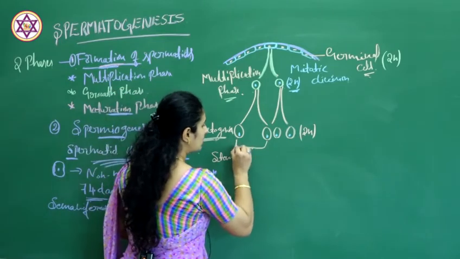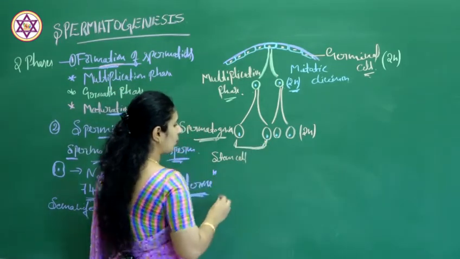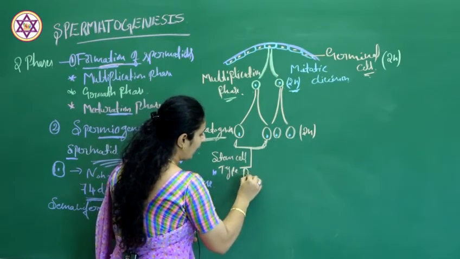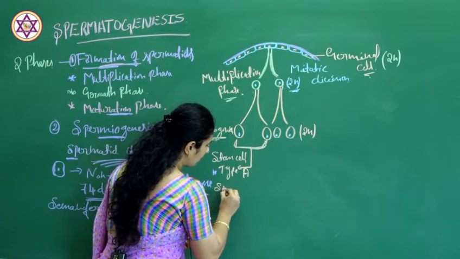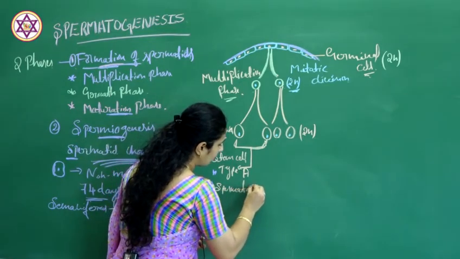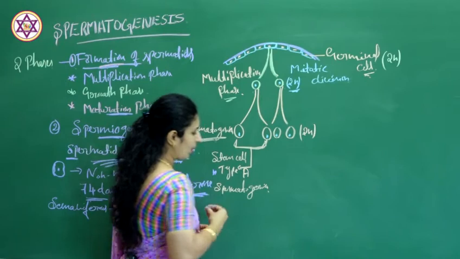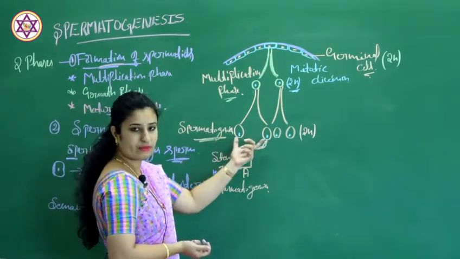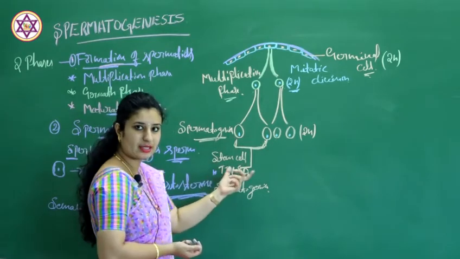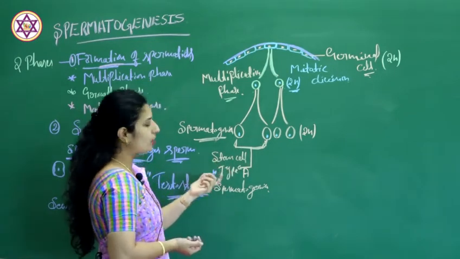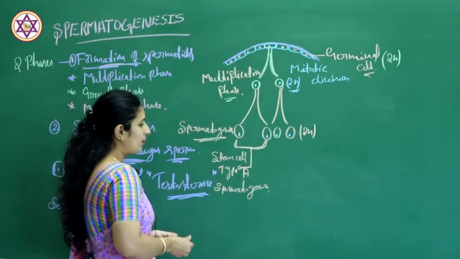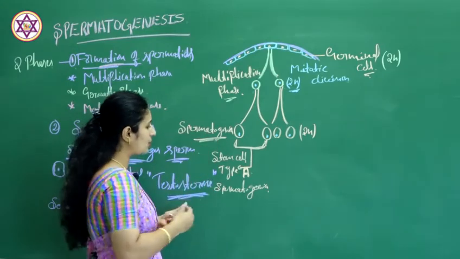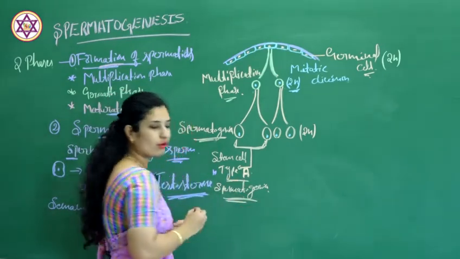Hence this type of spermatogonia is called type A spermatogonia.